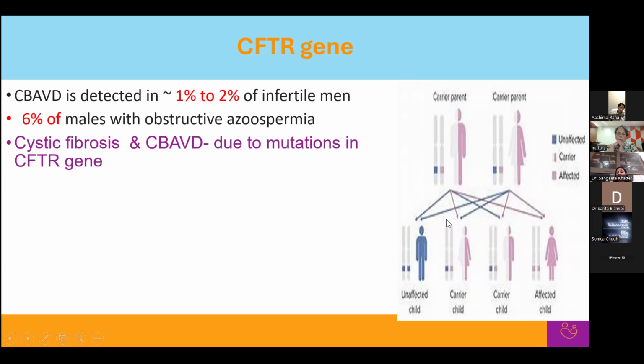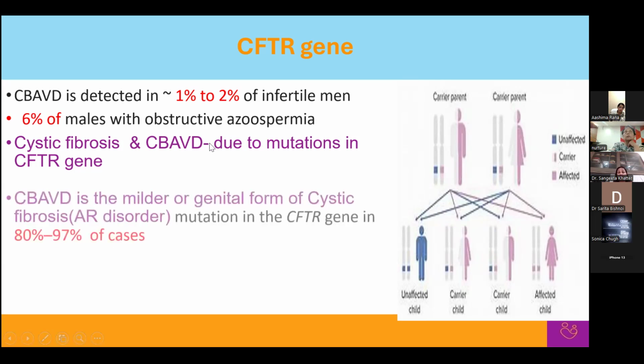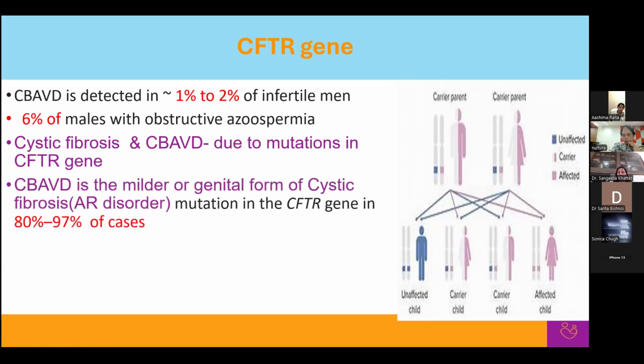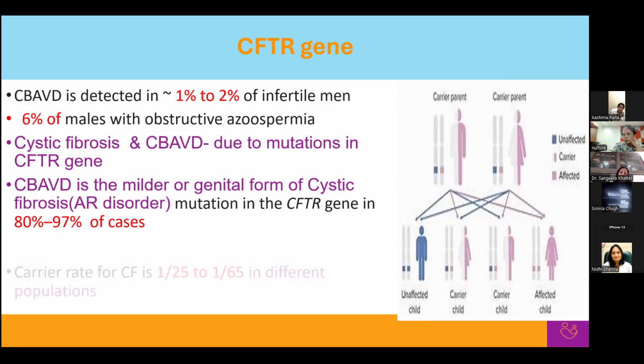That means the child can have recurrent pneumonias in infancy, and that can lead to lethality, chronic lung disease, pancreatic insufficiency, and endocrinal disorders. So we are more worried about cystic fibrosis than CBAVD. That is why we advise testing, because CBAVD is the milder form of cystic fibrosis, and that is again due to CFTR gene mutation in 80 to 97% of the cases.